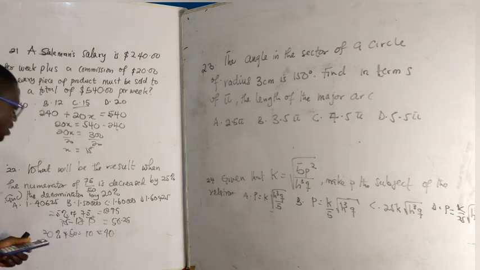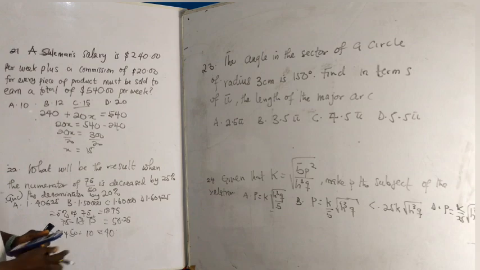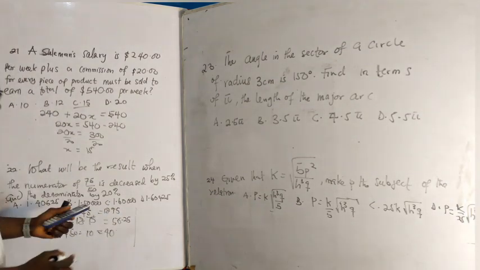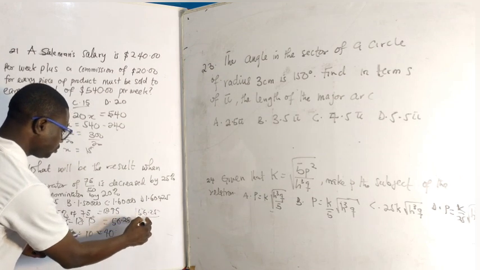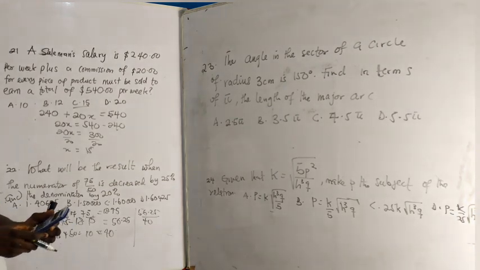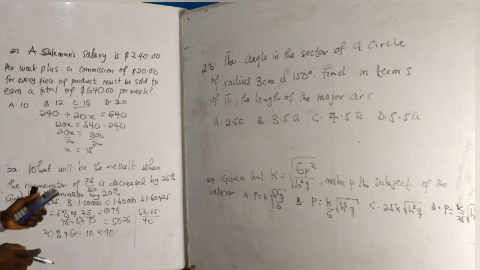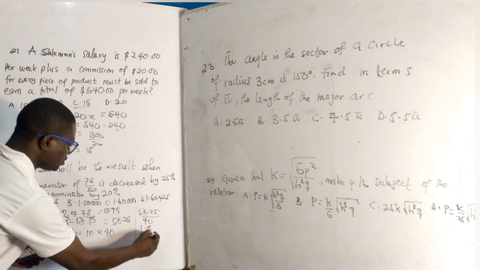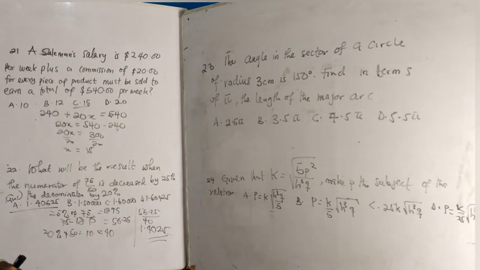Now we are going to rewrite the fraction: the numerator 56.25 over 40. When you divide 56.25 by 40, you end up getting the value 1.4025. And that answer is A.